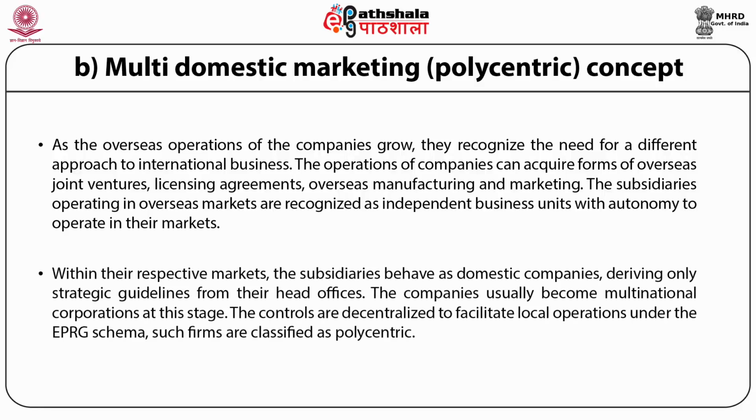Within their respective markets, the subsidiaries behave as domestic companies, deriving only strategic guidelines from their head offices. The companies usually become multinational corporations at this stage. The controls are decentralized to facilitate local operations. Under the EPRG scheme, such firms are classified as polycentric.